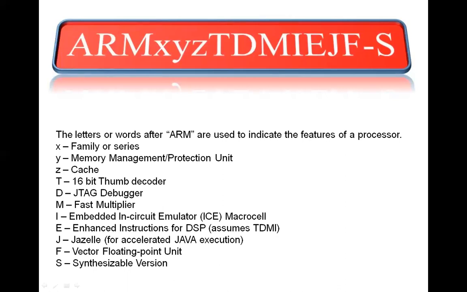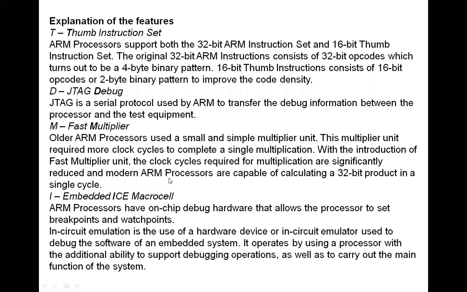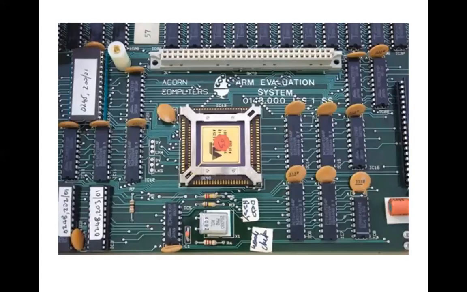So here, now again I am telling you about the core. You can look at the core of the ARM7, ARM8, ARM9 or ARM11 family; it will be like this. Here you can see that the ARM core will be there, and along with this ARM core you can find the peripherals.